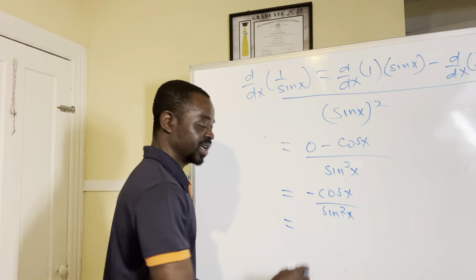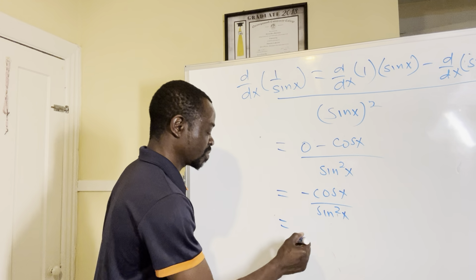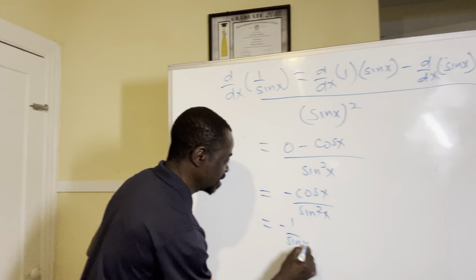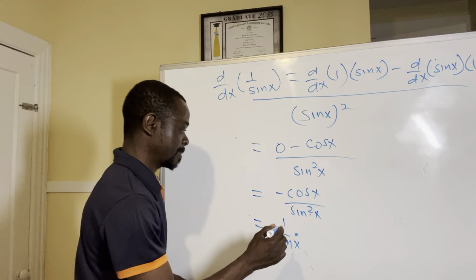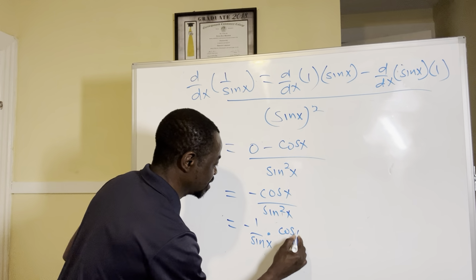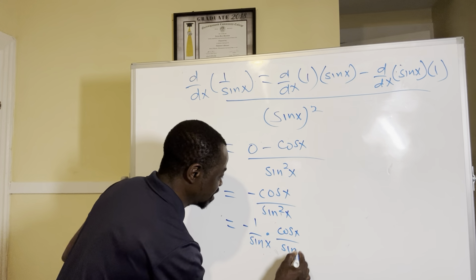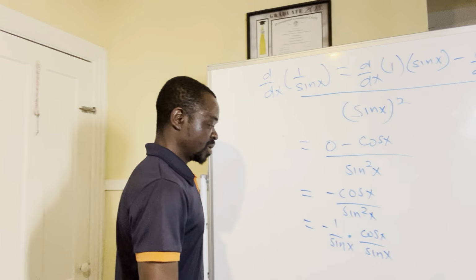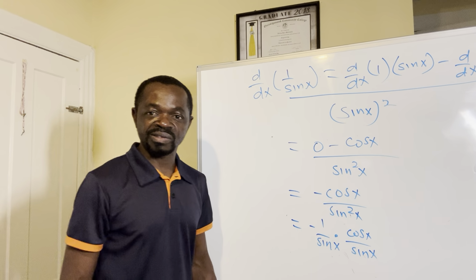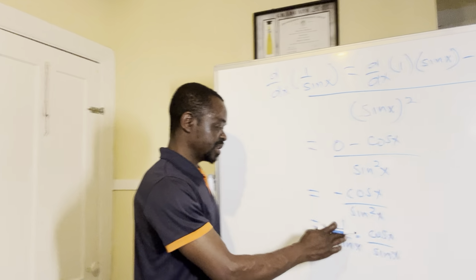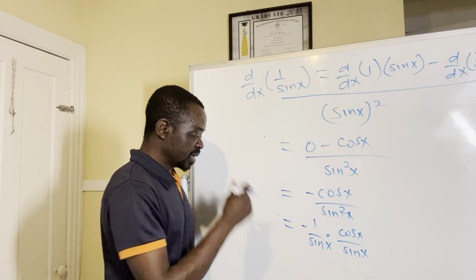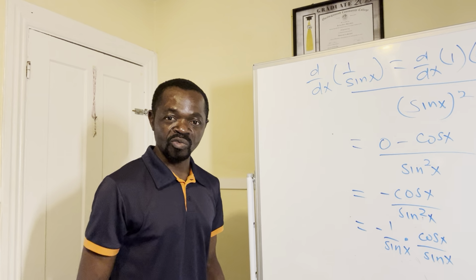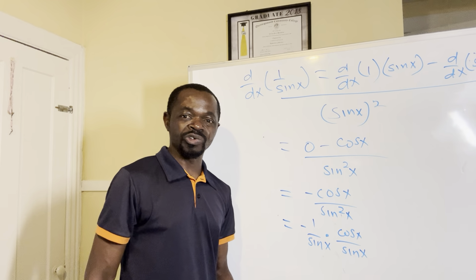So here you can express it this way: minus 1 all over sine of x, then multiply by cos of x all over sine of x. So if you take 1 over sine of x, it gives us cosecant.